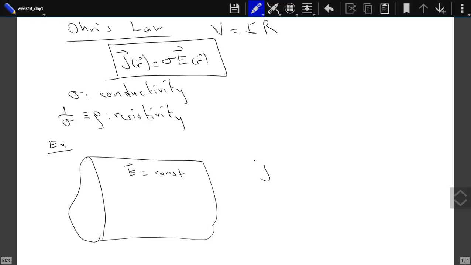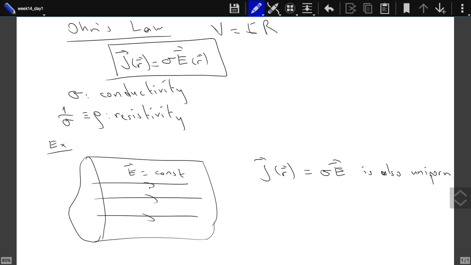So J, which is given by sigma times E, is also uniform. The electric field is along this conductor. Now the current is defined as the integral of J dot dS.